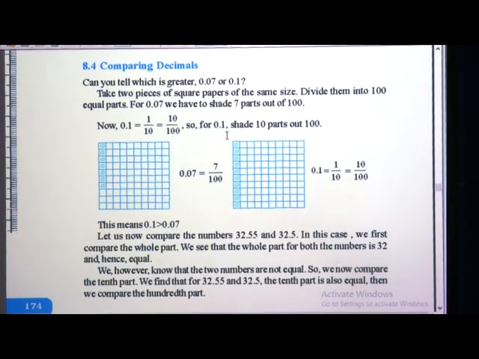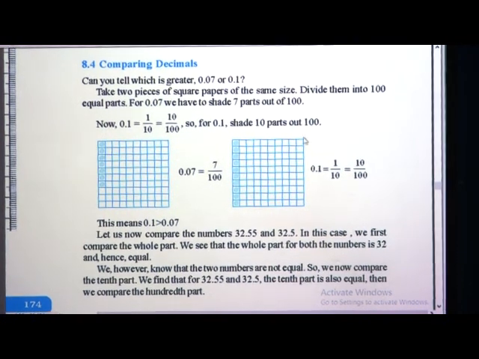So, for 0.1, out of 100 parts, how many parts do we need to shade? 10 parts. Now, students, for 0.07 out of 100, we have shaded 7 parts, and for 0.1, after converting it, out of 100 parts, we have shaded 10 parts.